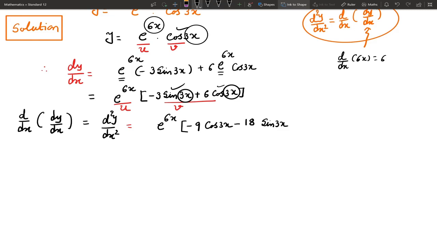So this is u as it is, derivative of v, plus now v as it is, minus 3 sin 3x plus 6 cos 3x. So v as it is, derivative of u, e raised to 6x into, by chain rule, d by dx of 6x, which is 6.